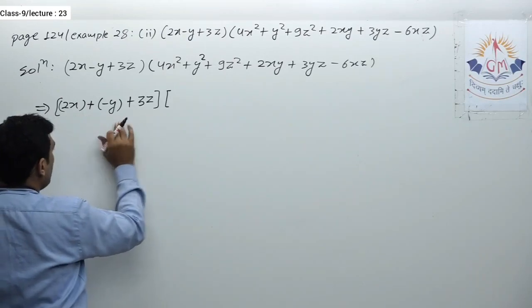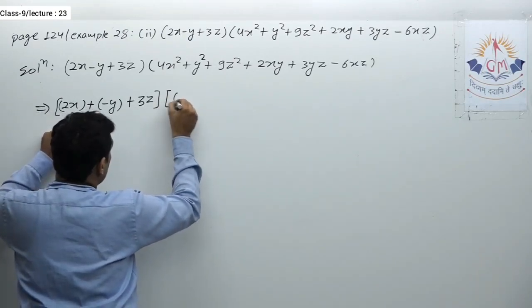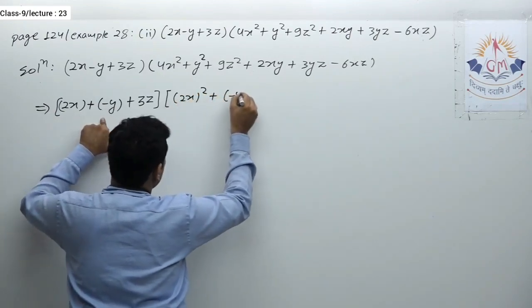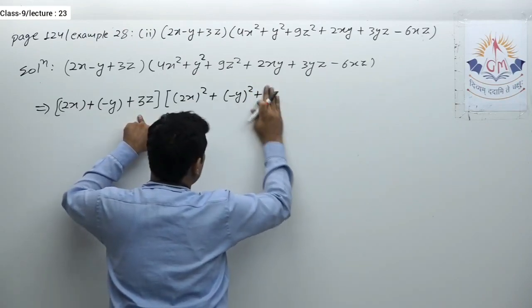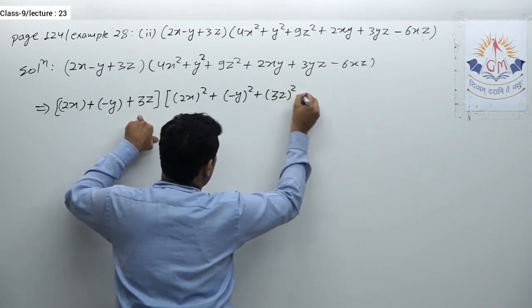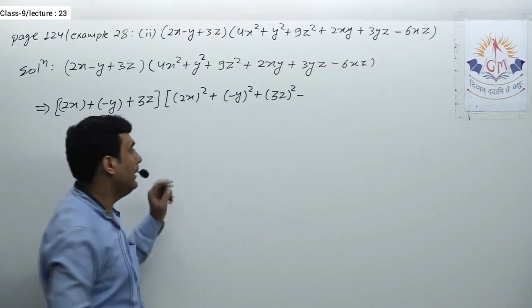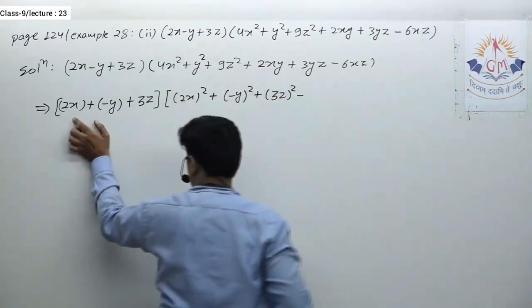So a plus b plus c, now according to the identity next here should be a square. So I am writing a square plus b square, that is this, plus c square, that is 3z whole square. After that there should be minus ab minus bc minus ca. Again I am not looking over here, I am writing minus ab with this a and this b.